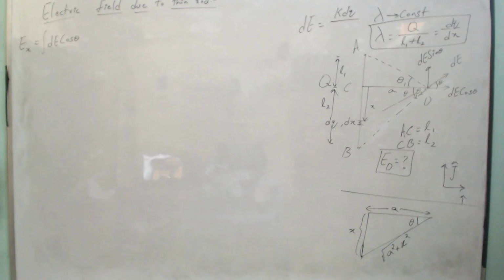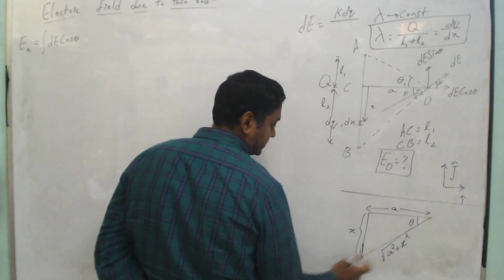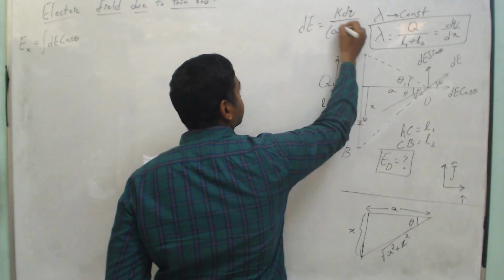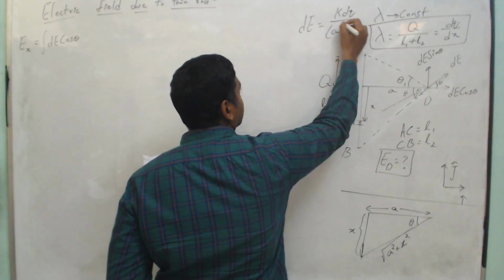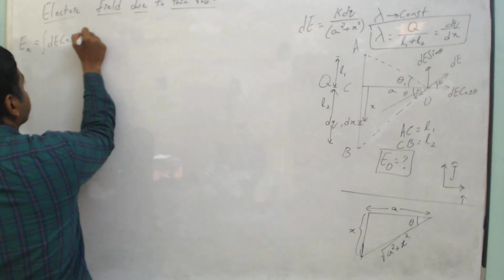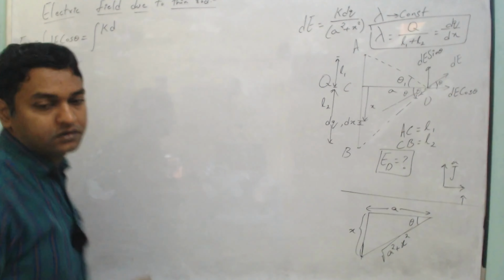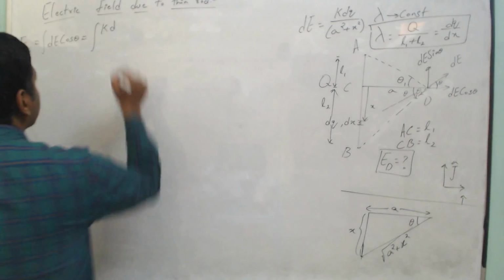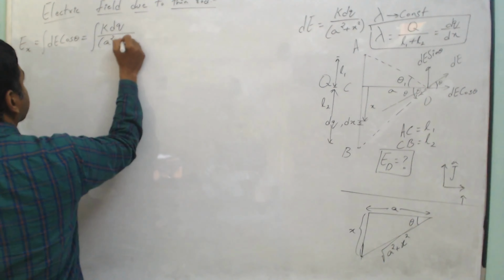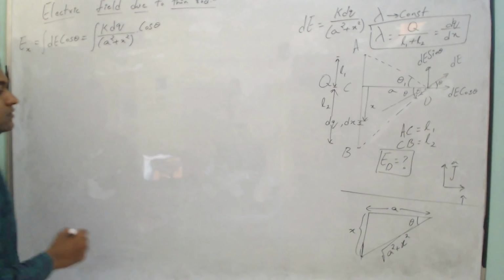So here I'll get k dq by this hypotenuse distance whole square, so it will be a square plus x square. Let me substitute it over here. Integral of k dq upon a square plus x square into cos theta.